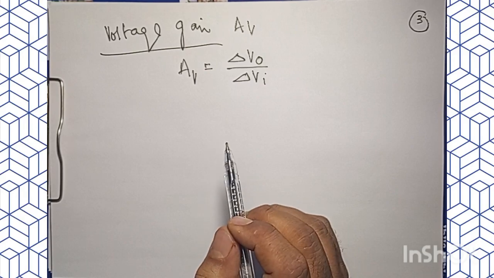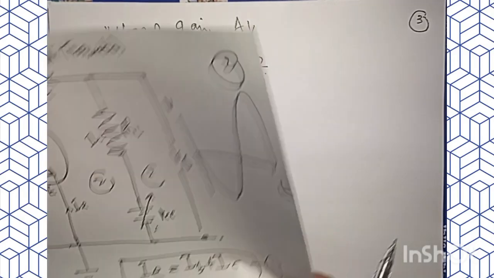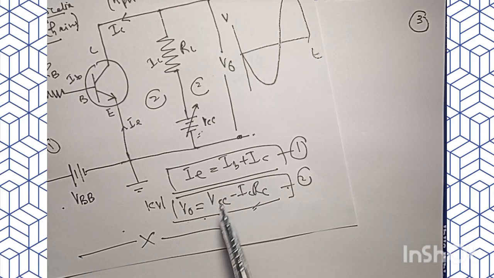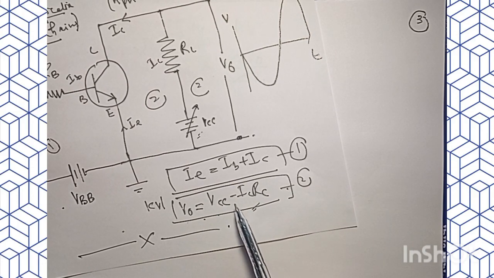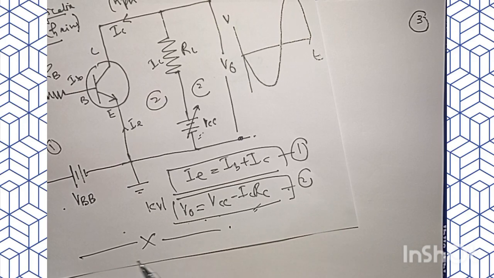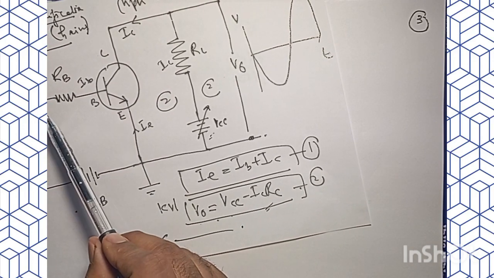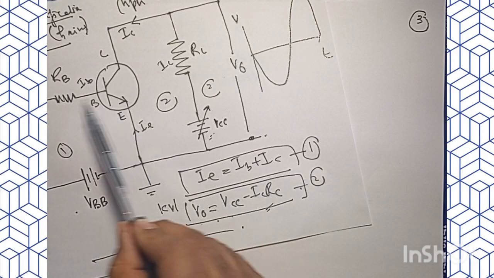Now the point here is that we have this equation for V out. V out is VCC minus IC RL, and we can also have an equation in terms of the input of this circuit.